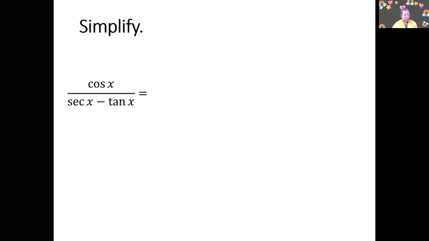Then I can rewrite secant in the language of cosine. I can rewrite tangent in the language of cosine and sine. So that might be our first step. Okay, so let's rewrite it.